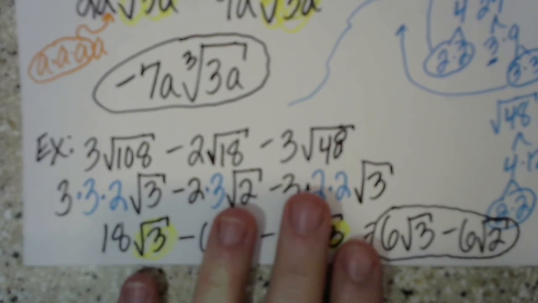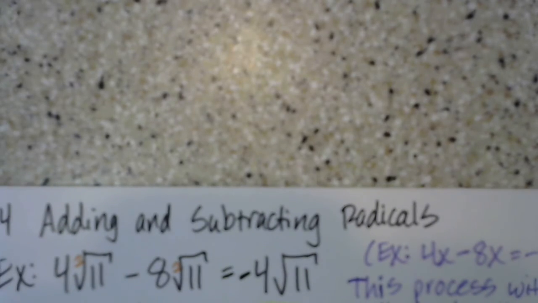Okay, I want to go into a couple examples that have fractions next. These really aren't that hard. It's just that they can kind of throw you off by how they look.